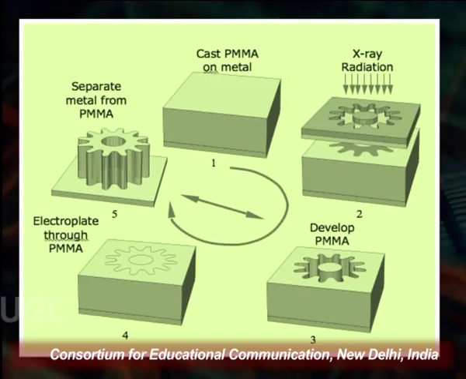After that you see the development of the PMMA through the X-ray. Now you see a particular type of structure, a wing type of structure. After that, electroplating through the PMMA is done in the fourth step. Then the metal is separated from the PMMA. So, in the final step we get the device.